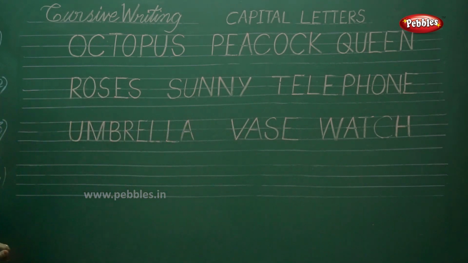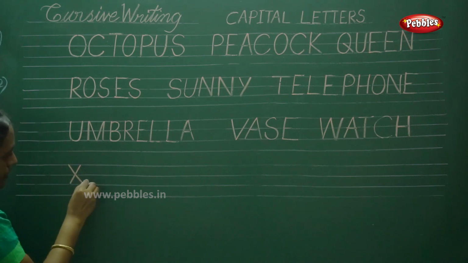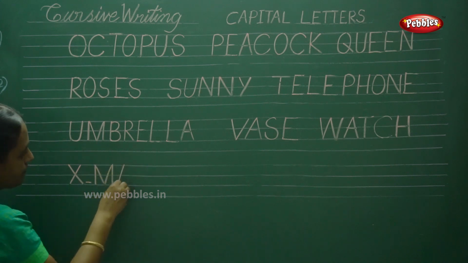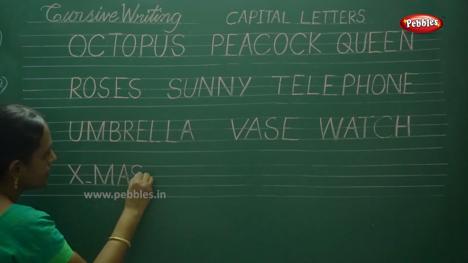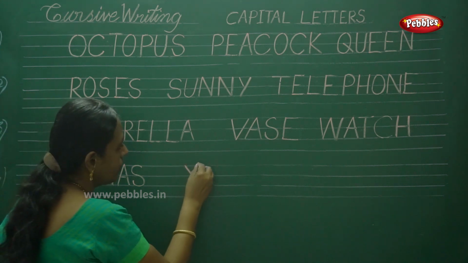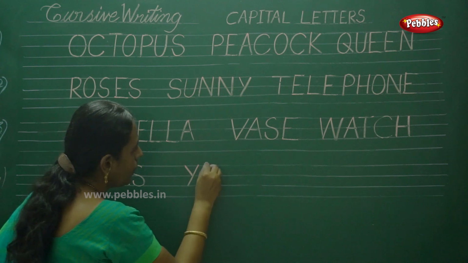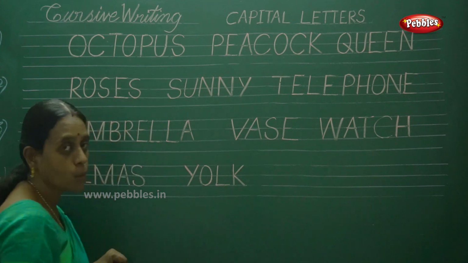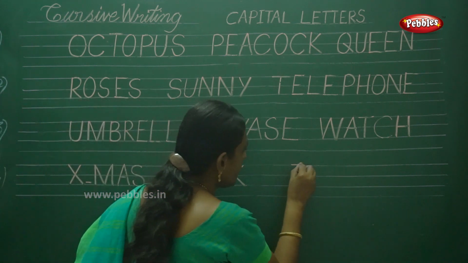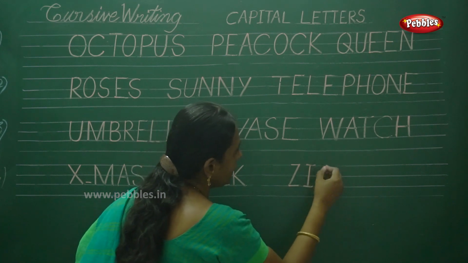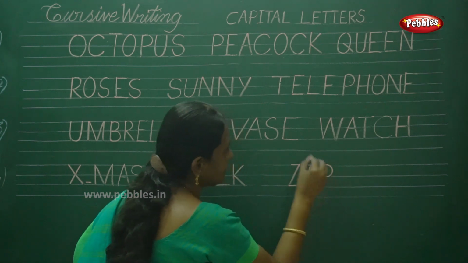Okay, and X, hyphen, Christmas. Okay, it's a short way of writing in English, Christmas. Okay, then Y, yoke, O, L, K, yoke. Then Z, zip, Z, I, P, zip.